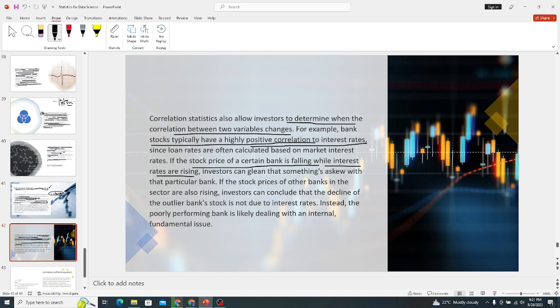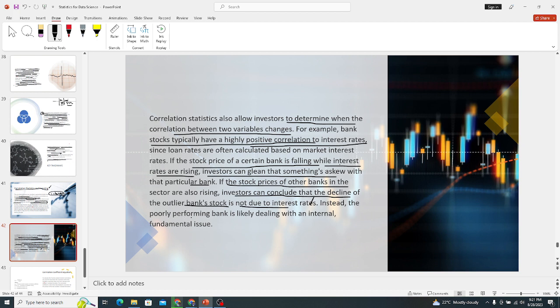So, for example, if the stock price of a certain bank is falling while interest rates are rising, investors can glean that something is askew with that particular bank. And if the stock prices of the other banks in the sector are increasing, investors can conclude that the decline of the outlier bank's stock is not due to the interest rate.